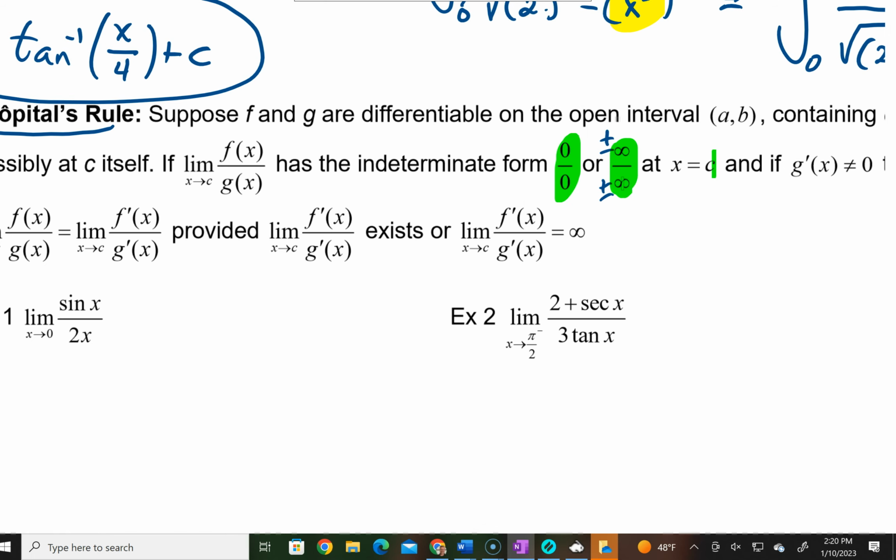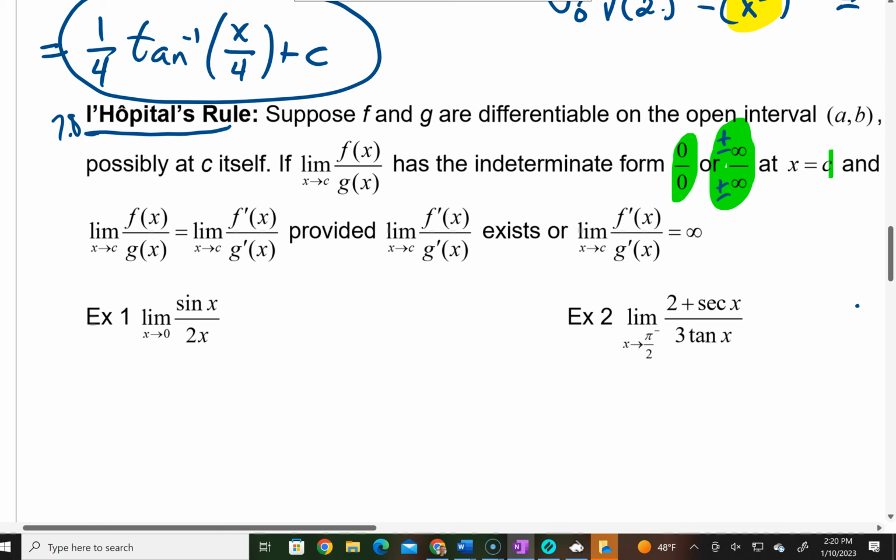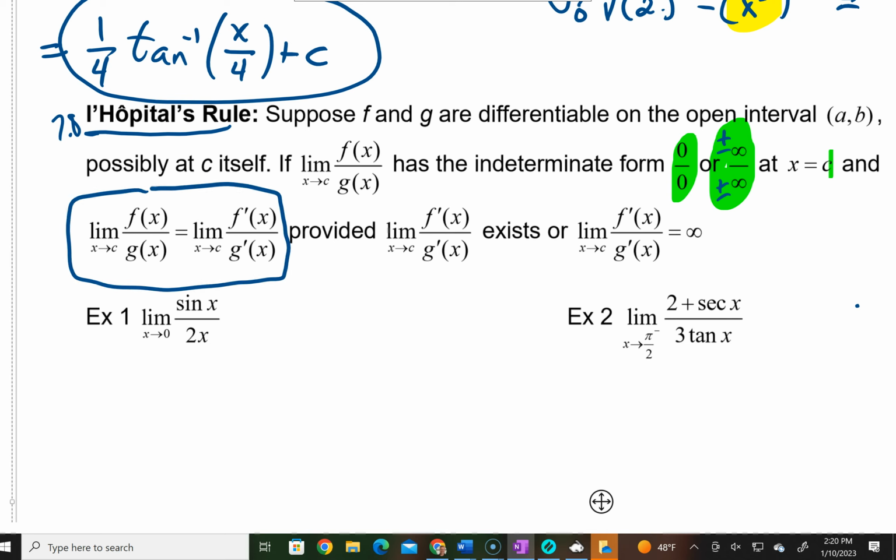Normally, you just say, wow, I don't know how to proceed. Here's the amazing part. If you're getting 0 over 0 or infinity over infinity, you can transform that limit into a new problem. Just take the derivative of the top, f prime of x, take the derivative down below, g prime of x, and look at that new limit. If that limit exists, that's the answer to the original problem.